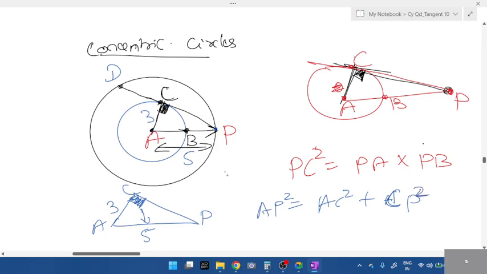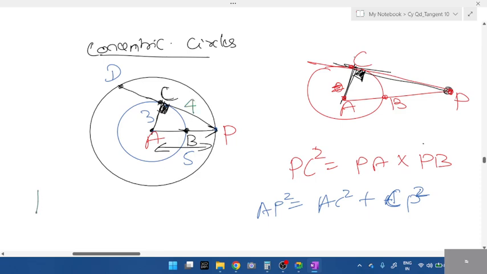If you use this formula and solve, you'll get 4 as the answer. This is how they'll give you questions. Is it clear? Did you all understand? You'll get PC as 4 centimeter.